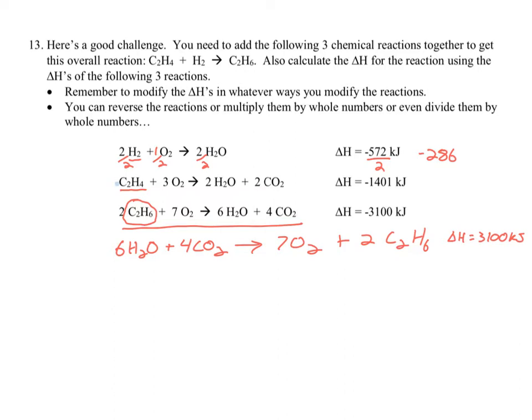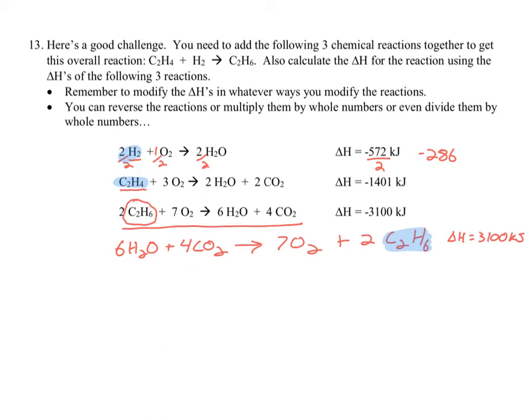All right, you'll notice I'm going to change colors here. You'll notice I have my C2H4 there, that's good. I have my 1 H2 here, that's good. Now in my third reaction down here, the one I flipped around, I have my C2H6, but the problem is that I've got a 2 coefficient.